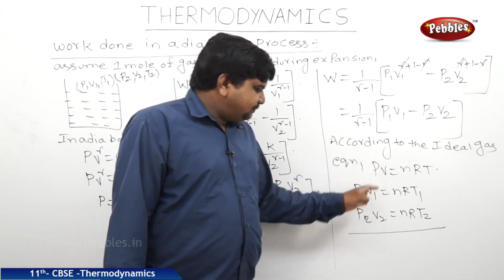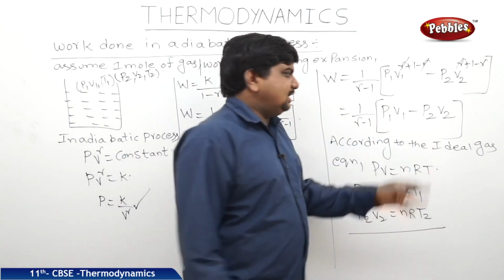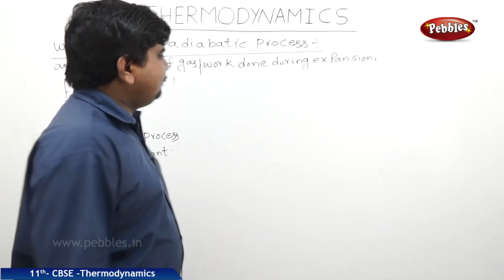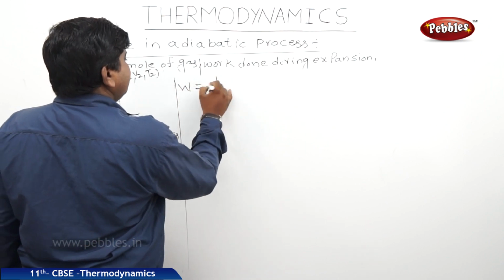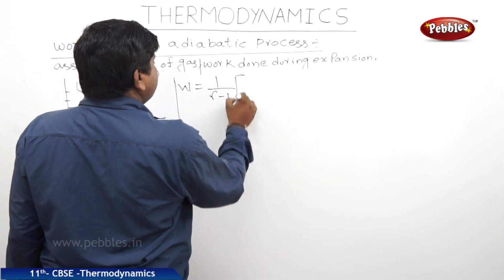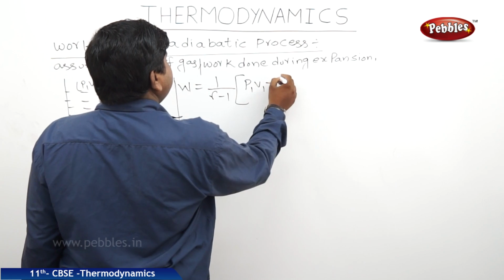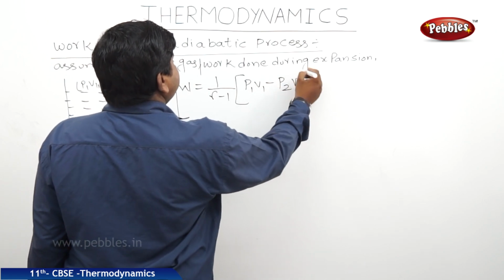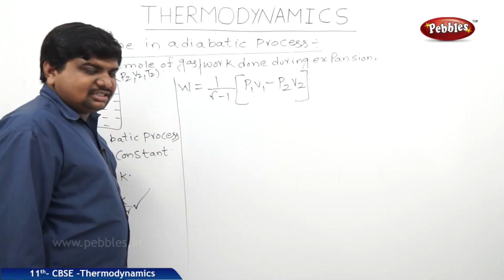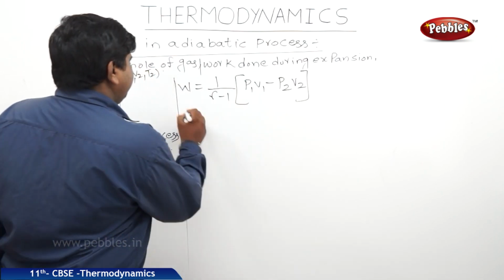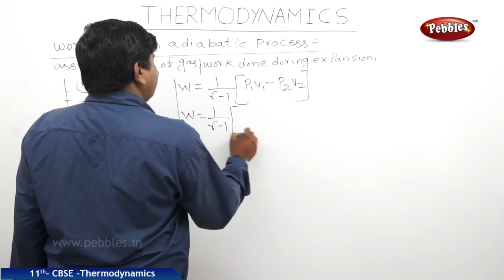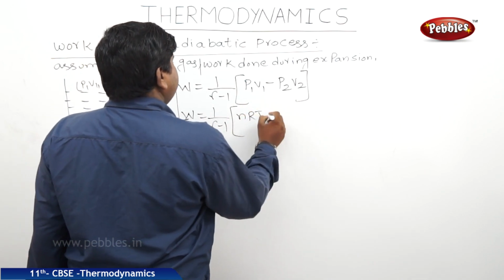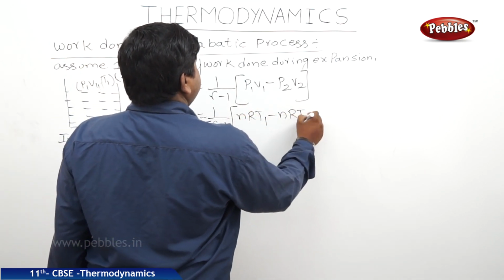Now I am substituting this P1 V1 and P2 V2 values in this equation. So therefore W is equal to 1 by gamma minus 1 into P1 V1 minus P2 V2. As I mentioned, we are substituting this P1 V1 and P2 V2 values. Therefore, W is equal to 1 by gamma minus 1 into nRT1 minus nRT2.